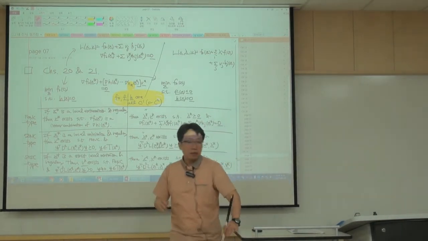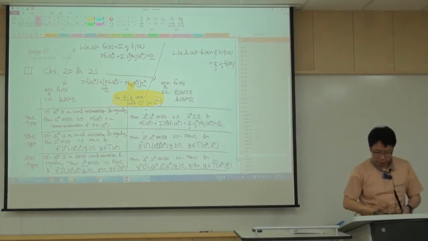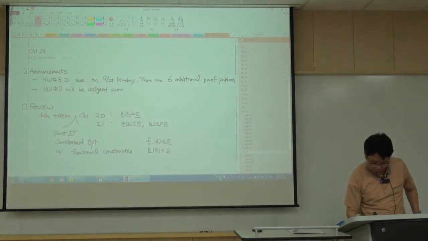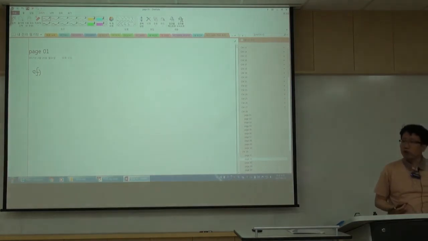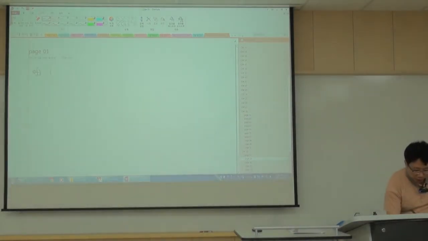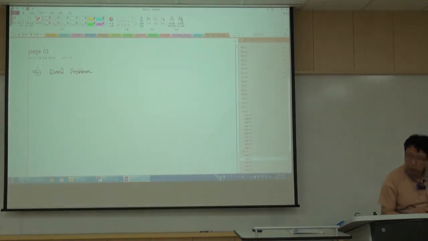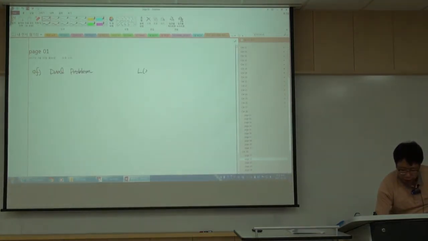You remember that when we formulate a dual problem, we first formulated the Lagrangian.